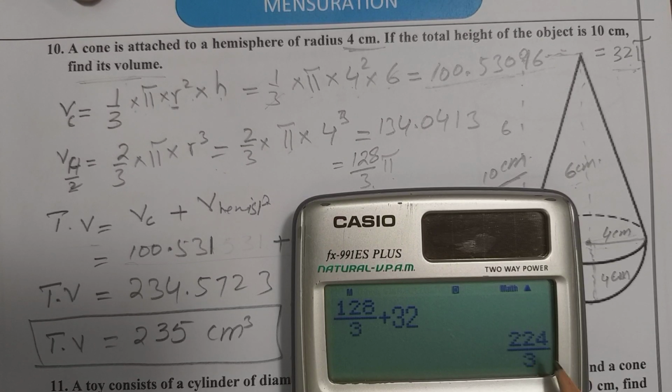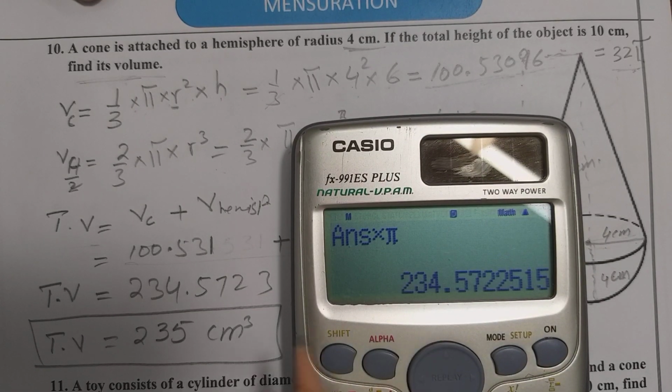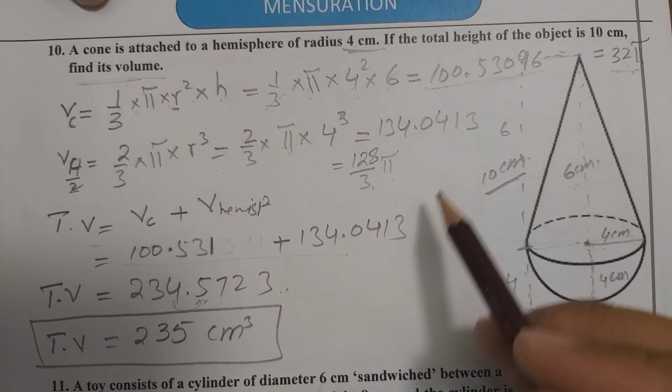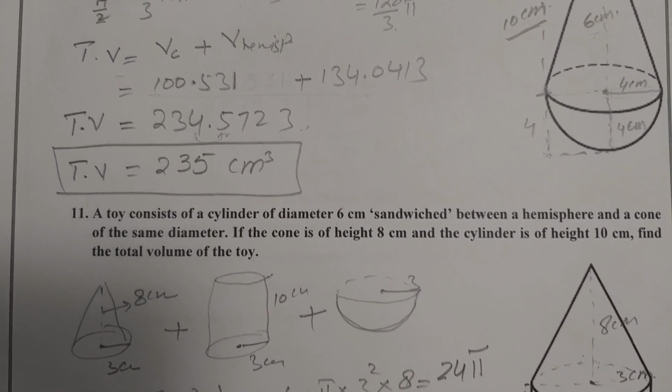You will find the answer 234.57 and so on, which is a repeating number. After 3 decimal places, since it is 5 or more, we can increase the next number. So the answer is 234 cubic centimeter. It's up to you. So this is the answer for the complete volume of this object.